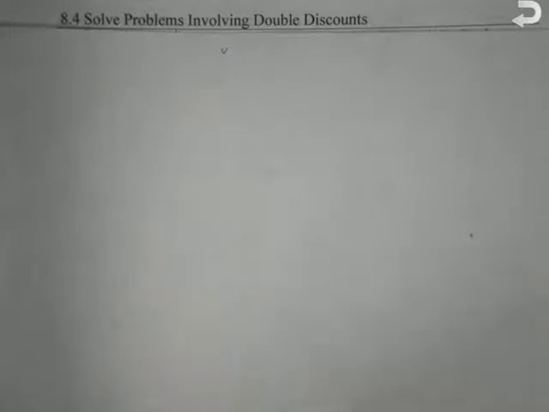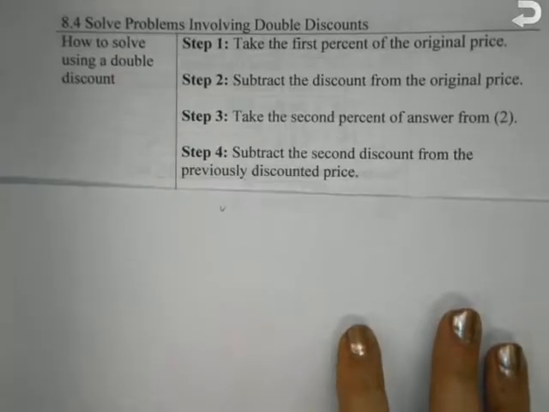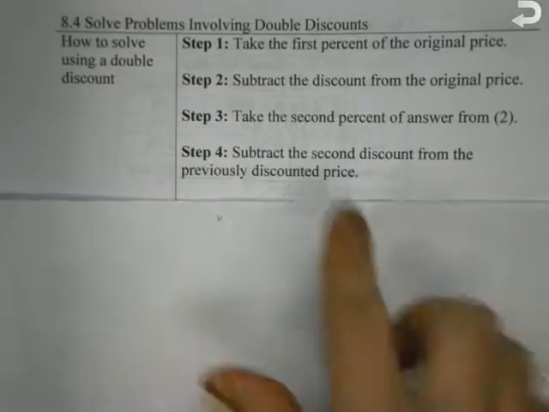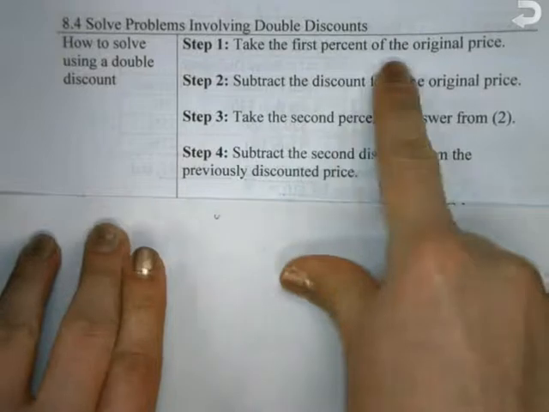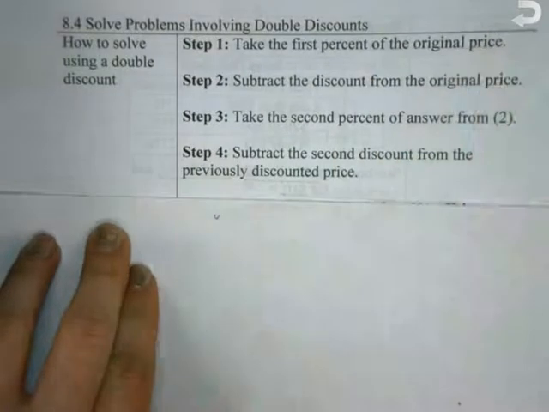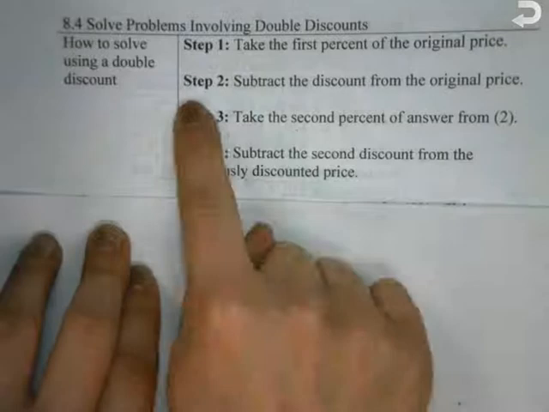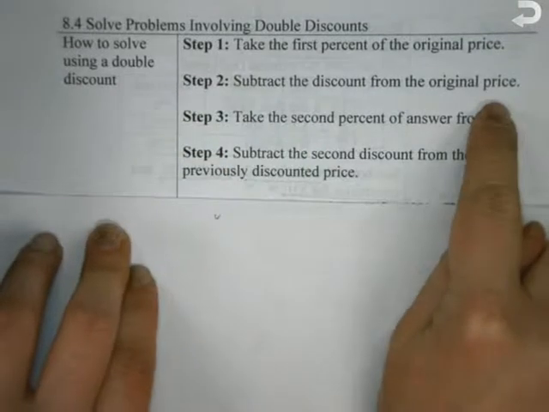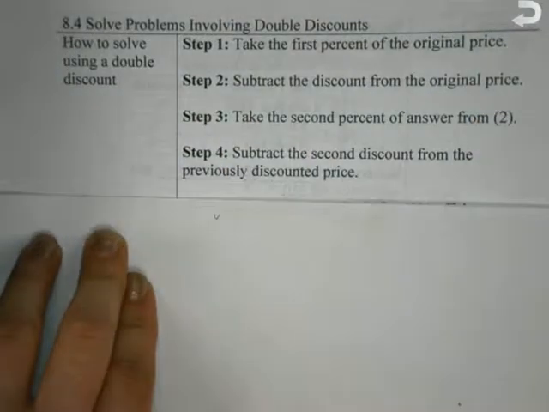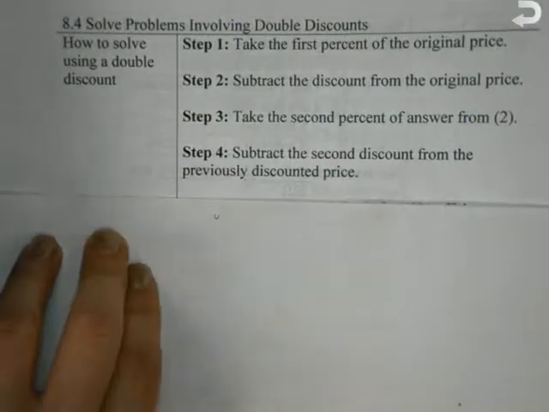So how to solve a double discount problem? Step 1, we take the first percent of the original price. So we find the original discount. And then, like we've been doing before, we just subtract that discount from the original price. So we have an original price, and now we have a discounted price.